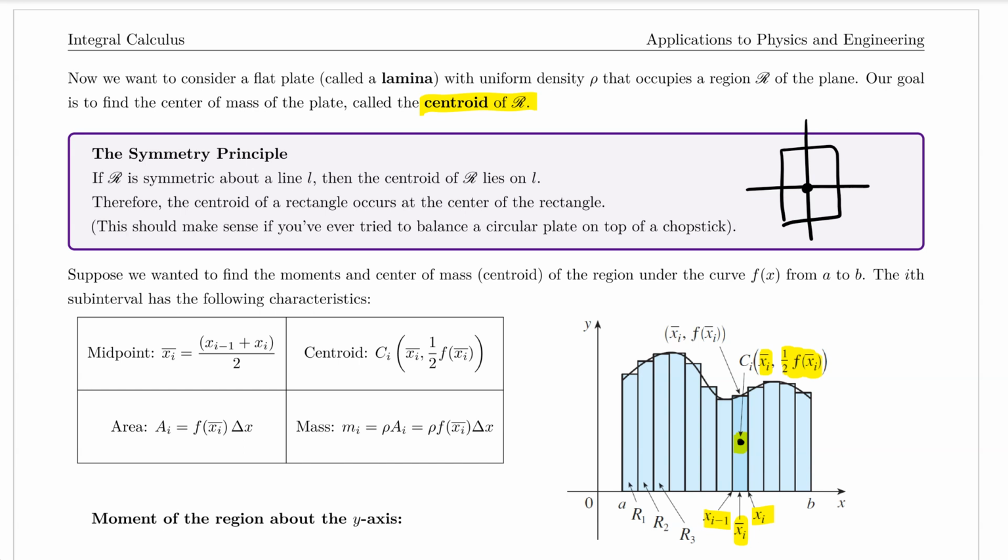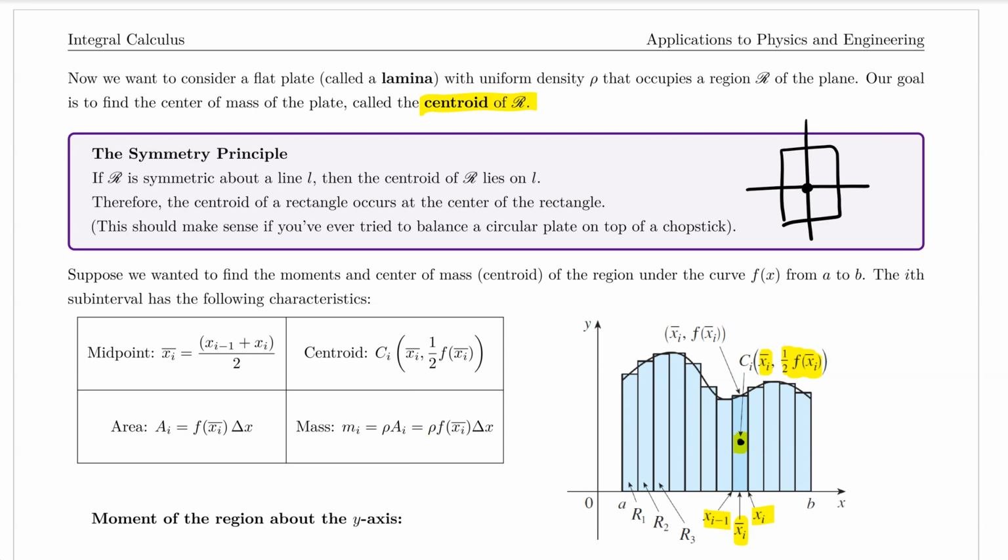So the next thing is the area of the ith subinterval of that rectangle. It would be the width, which is delta x, times the height, which is f of x sub i bar. And then lastly, the mass of the ith subinterval, m sub i, is equal to the density times the area, which can be rewritten as the density times the function value times delta x, which we saw in the previous definition.